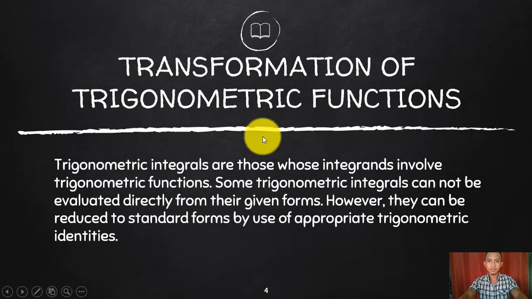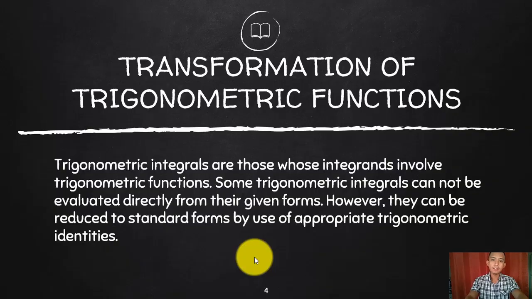Trigonometric integrals are those with integrands involving trigonometric functions. Some trigonometric integrals cannot be evaluated directly from their forms. However, they can be reduced to standard forms by use of appropriate trigonometric identities.